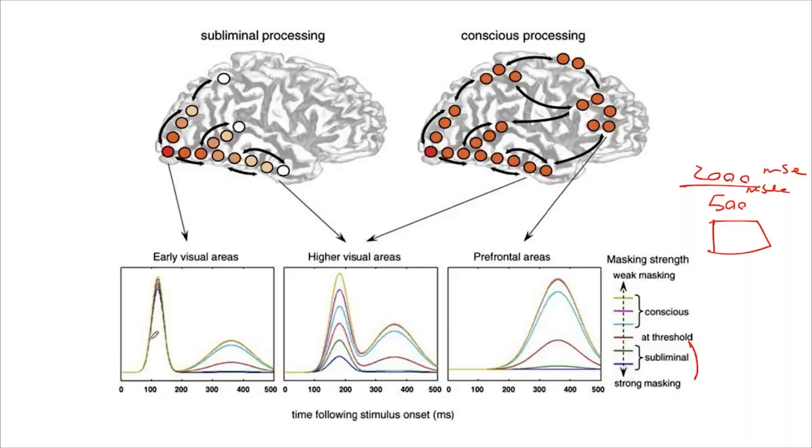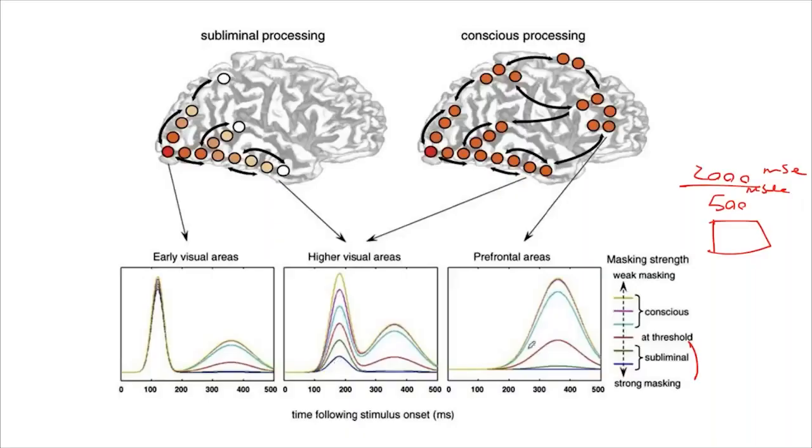For early visual areas, it is not important whether you're presenting something consciously or subliminally, without masking or with masking, slow or rapid. They have the same activations. But when you go to other areas that are more towards your conscious processing of what is happening in the environment, they have lower and lower activations when you present things subliminally.